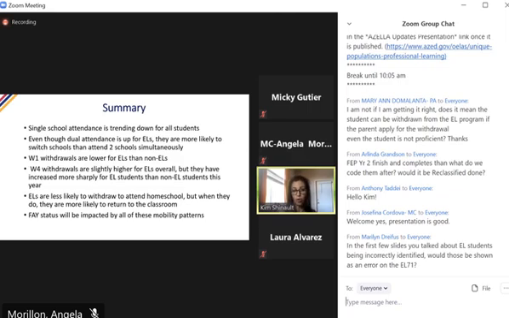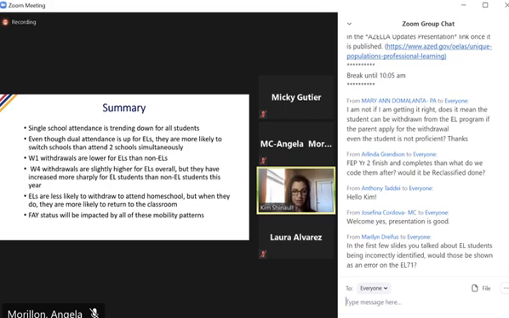Those W4 withdrawals, which are the withdrawals due to non-attendance, are slightly higher for ELs overall, but there has been a very sharp increase in the number of W4s for EL students, much more so than for their non-EL counterparts.